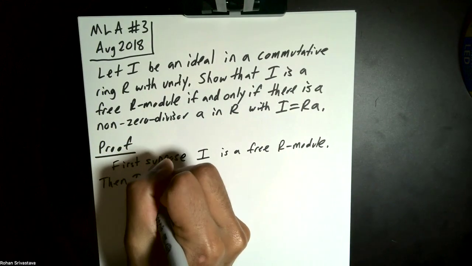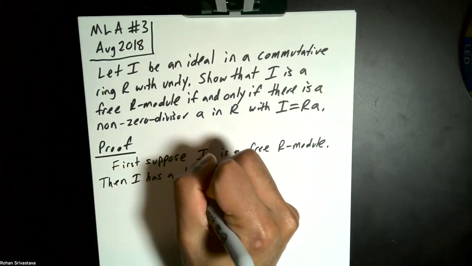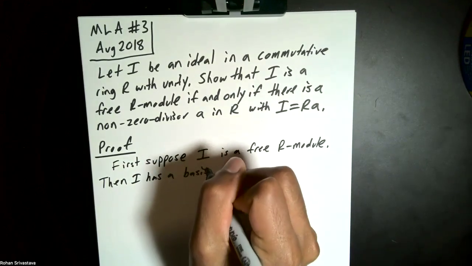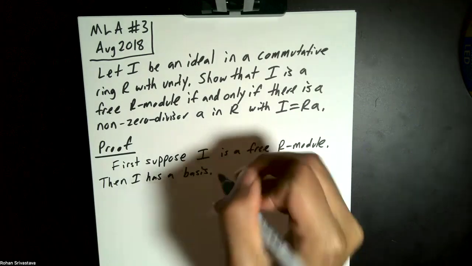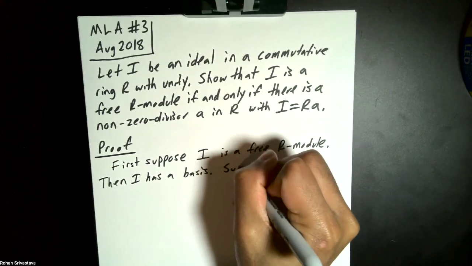So then I has a basis, and we want to show that I is equal to RA. What we're going to do is show that I cannot have two distinct elements in its basis.